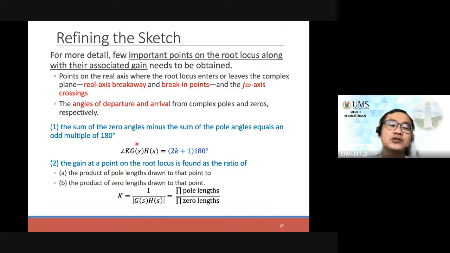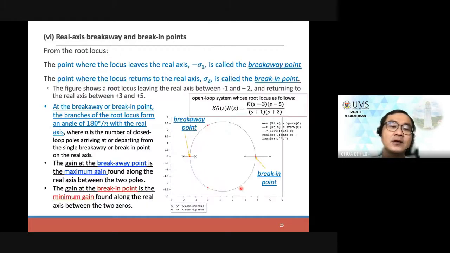We use KGH should be equal to this, so we have KGH equals 1. And this can be represented by the pole lengths and the zero lengths, the multiplication of all these lengths itself. So how can we use that, or how can we refine it?